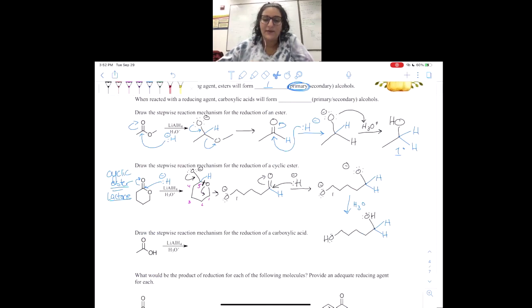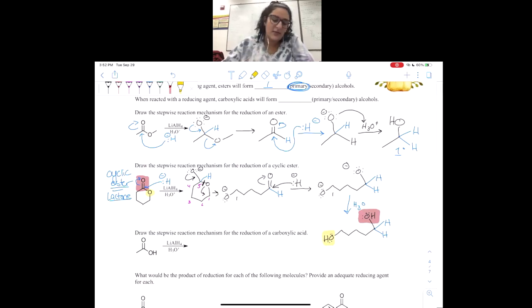We have formed two alcohols, and in this case, they are both primary, but the one you want to focus on is this right here, and the reason for that is the alcohol that's formed from the carbonyl. The other alcohol is formed from the lactone ring, the inner ring's oxygen.